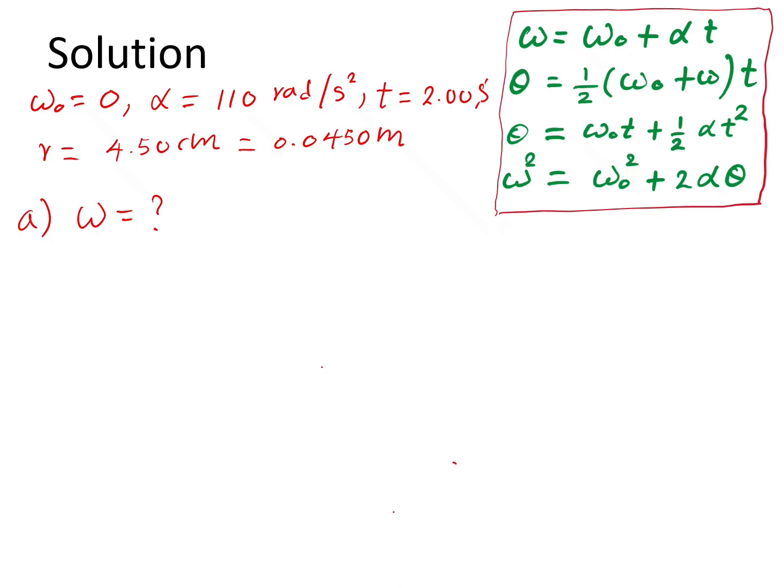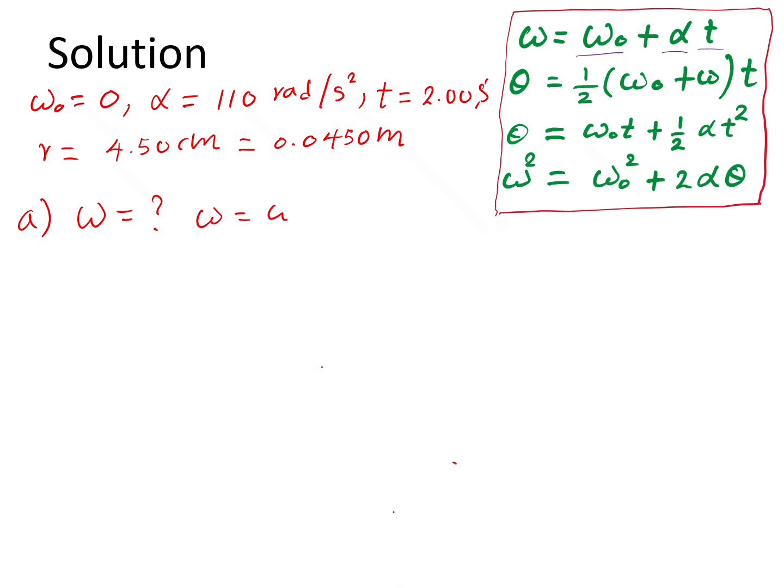So if you look at the first equation, omega equals omega naught plus alpha t, we know this initial angular velocity, we know the angular acceleration, we know the time, so we can use this first equation for part A. So let's use it.